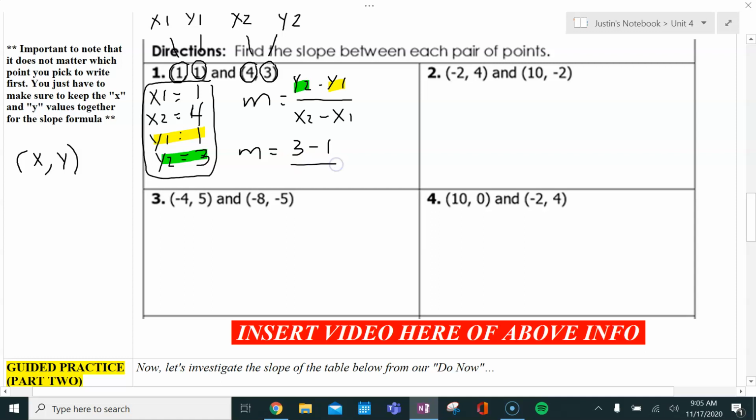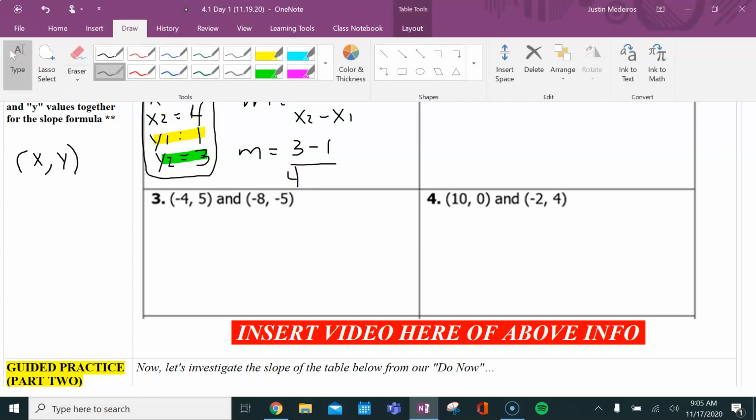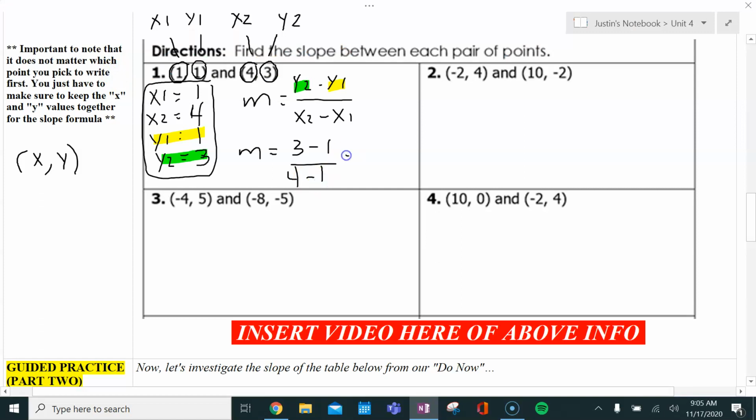Then we divide by x2 minus x1: x2 is 4 and x1 is 1. Now we subtract 3 minus 1 for the numerator, which is 2, over 4 minus 1 in the denominator, which is 3. So our slope for this first problem is 2/3.